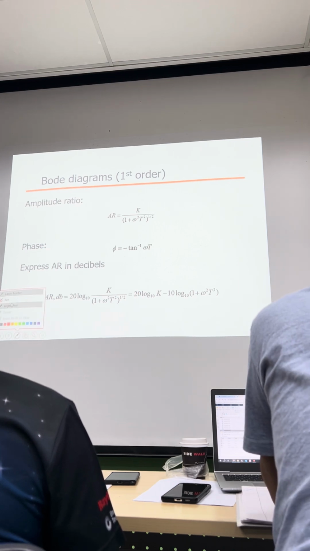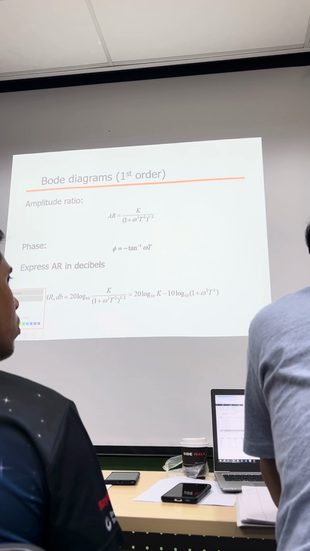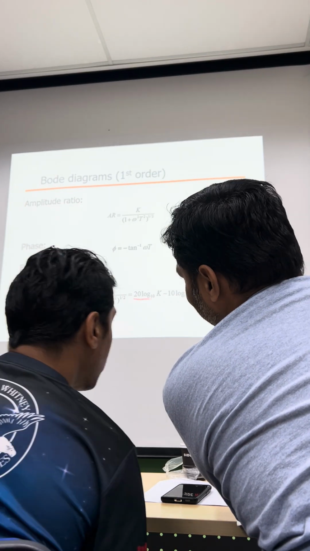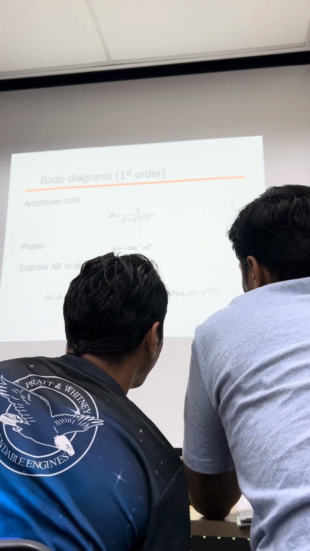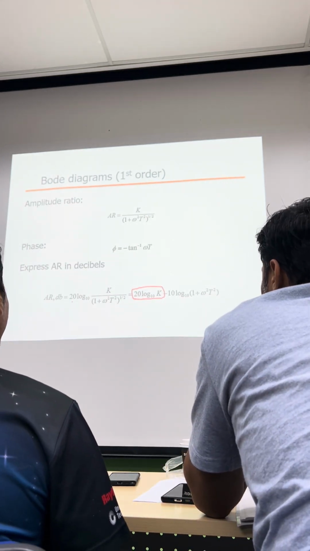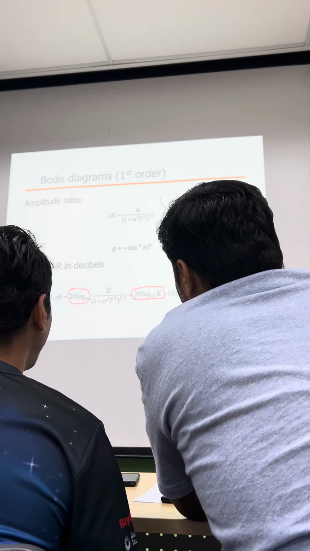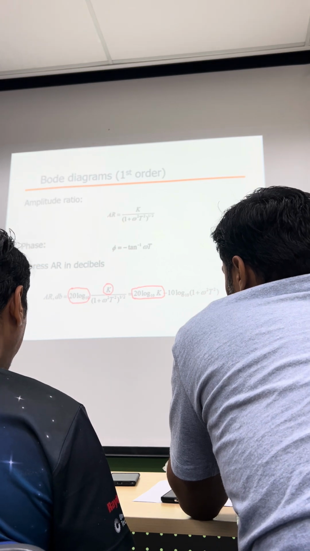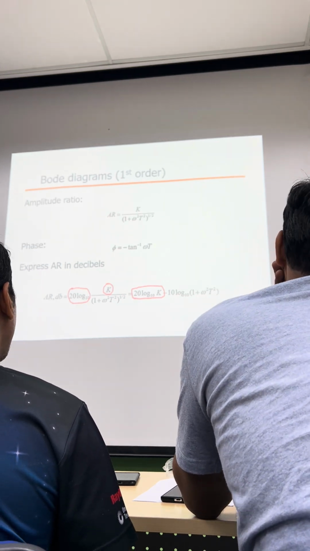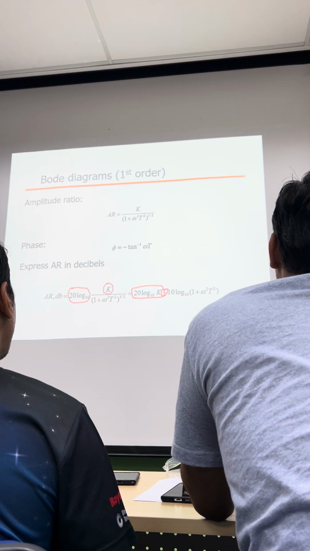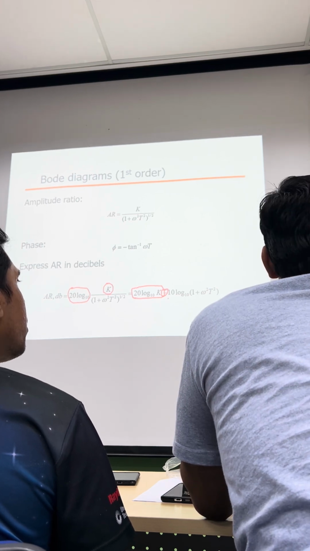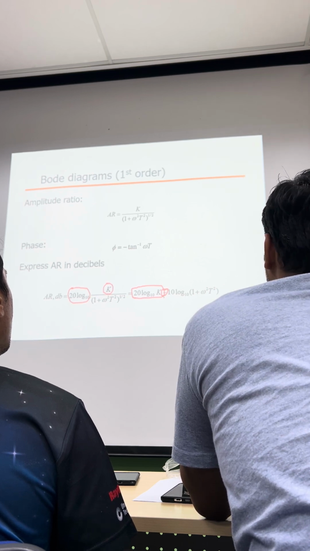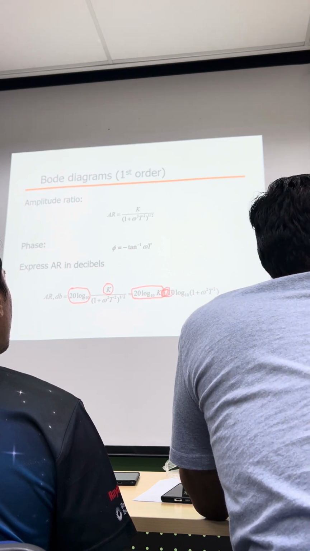Because this one you need to understand, because we are going to do manual also for this. So this part is the first, which is based on 20 log K, and then the denominator. In logarithmic scale, when you say division it means minus. Multiplication means plus. So here the denominator is there, so that's why there is a minus, it is division.